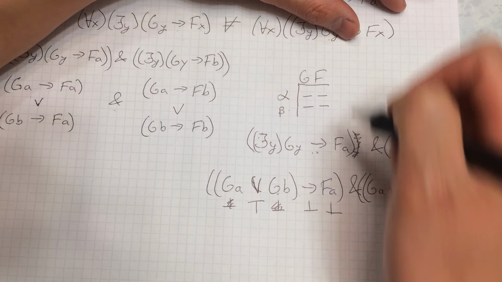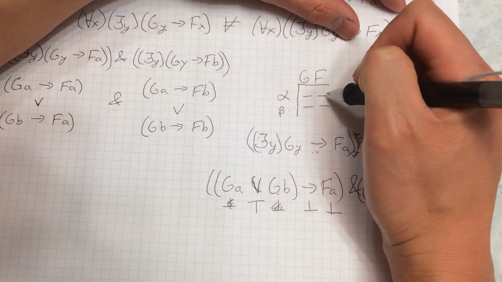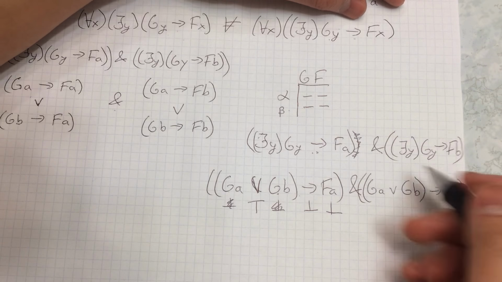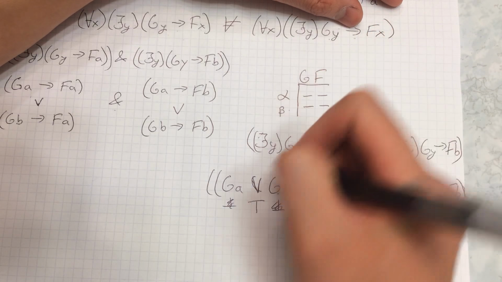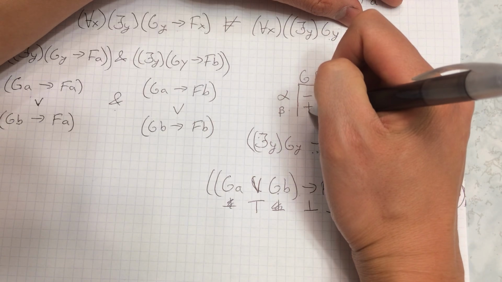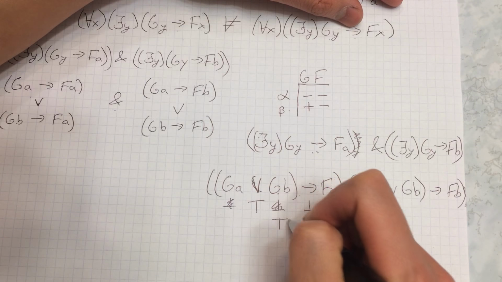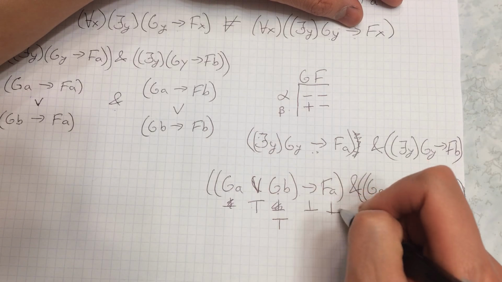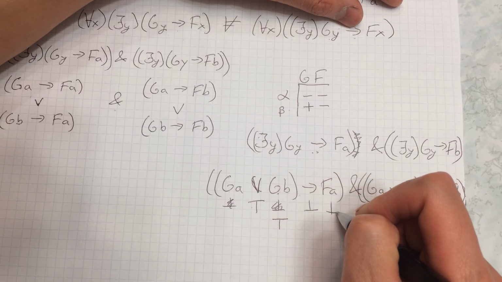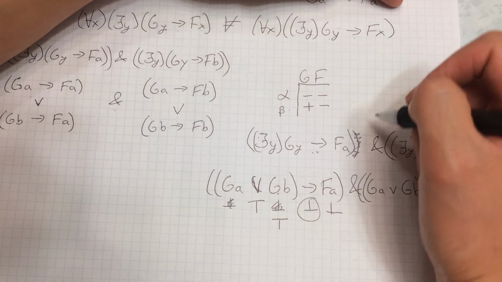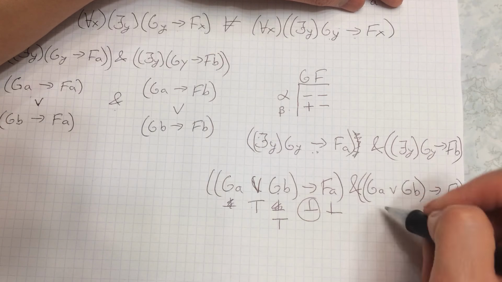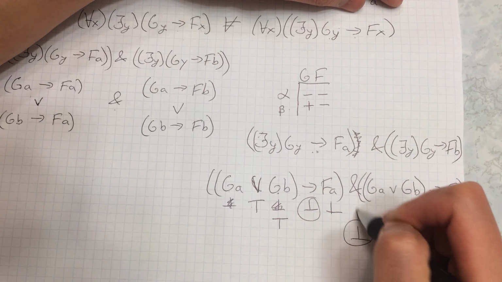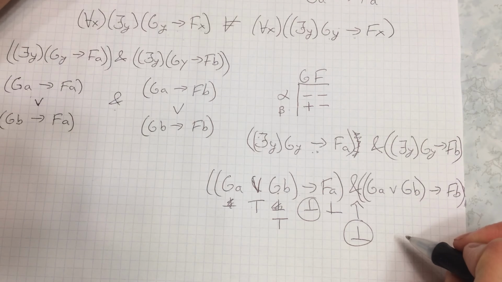So alpha is not G, so we can leave it there, but something has to be G, so let's make beta G. So that becomes true. True arrow false is false. And so because this arrow is false, it also makes the conjunction false.